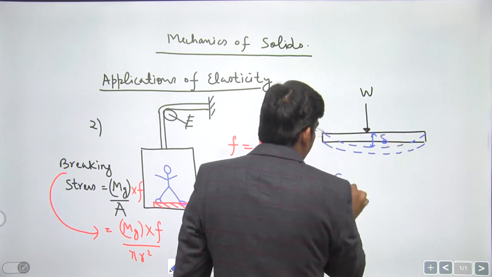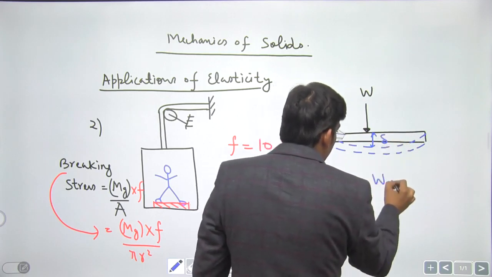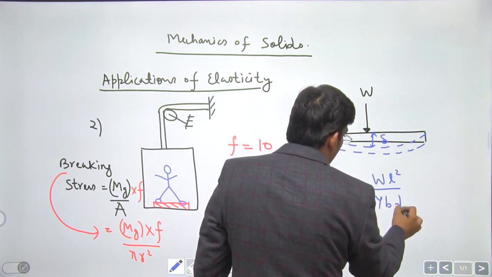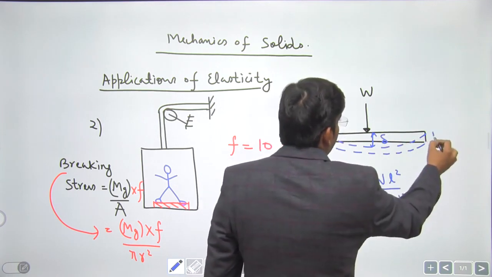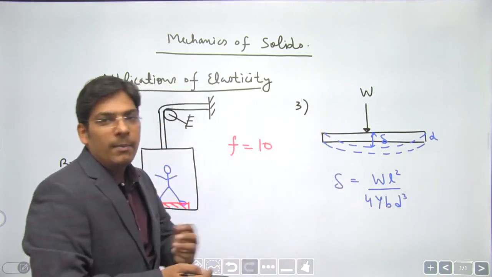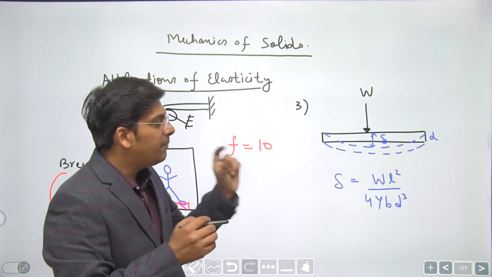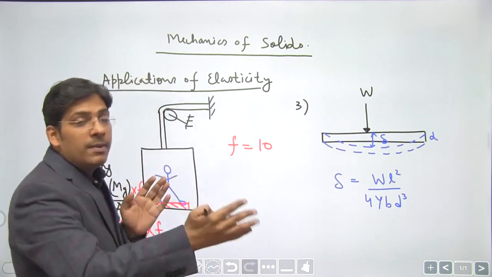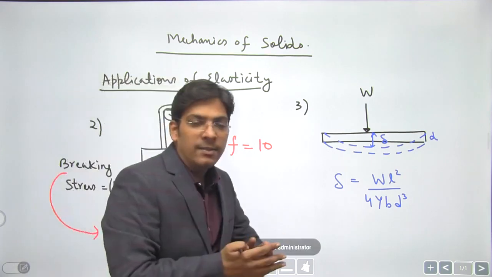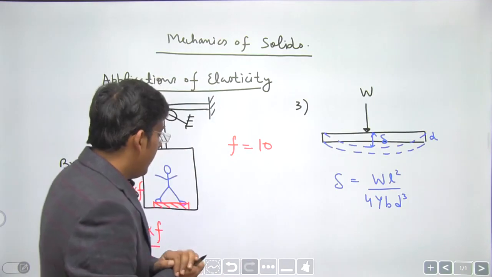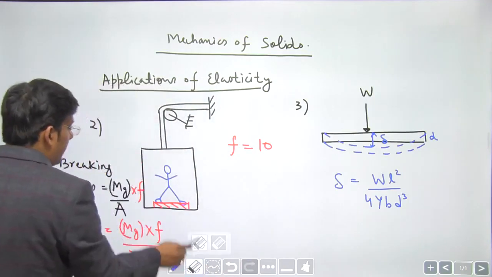The value of this delta is WL cube divided by 4 Y B D cube, right? So we take the depth to be large in order to minimize the bending. If the length of the beam is large, then the beam bends. But if the depth of the beam is large, it does not bend due to heavy traffic or load. Right, dear students?